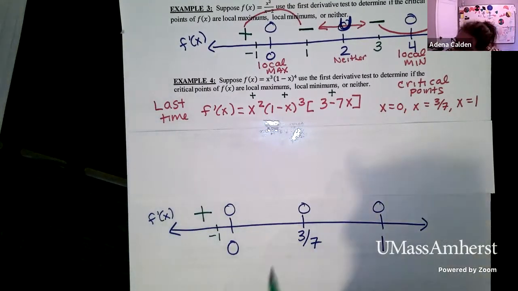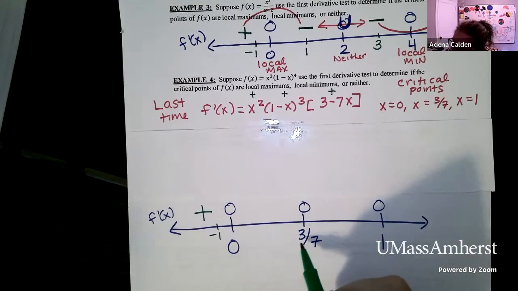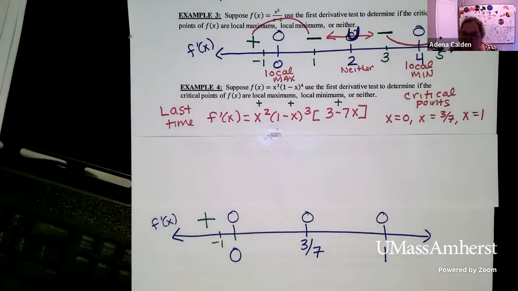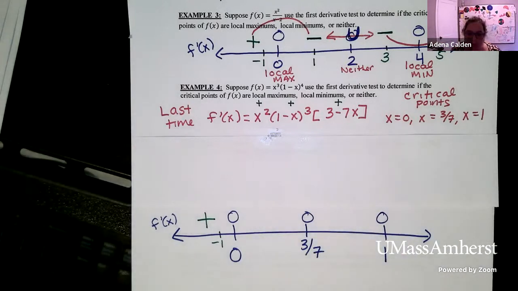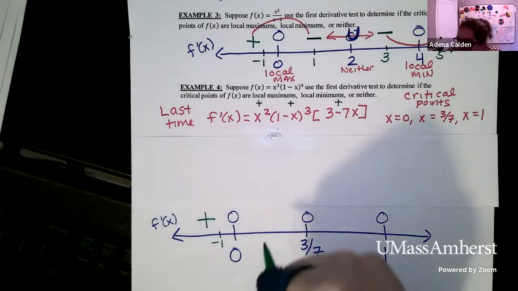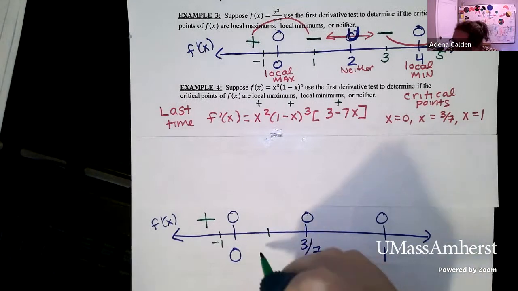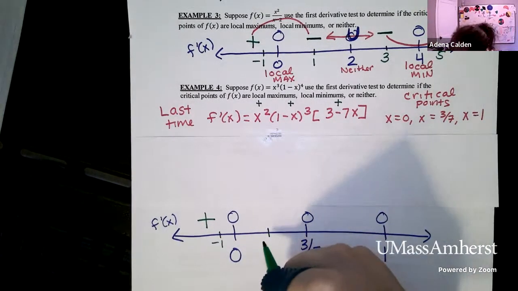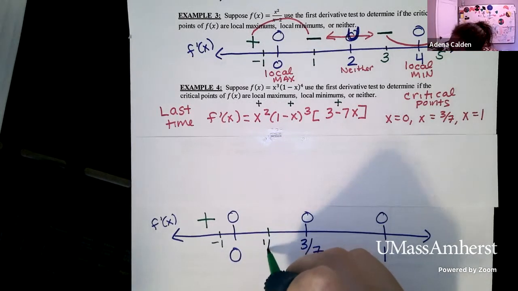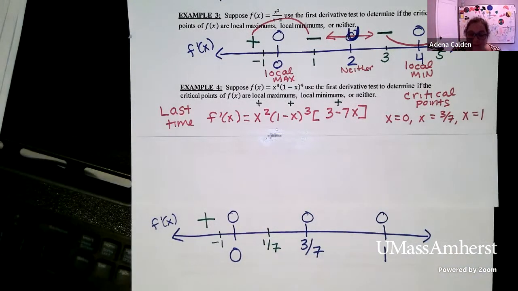Okay. Now I'm going to pick something between 0 and 3/7. There's a couple different ways you can pick a number this way. If you prefer to work with decimals, that's fine. You can turn this into a decimal and pick a decimal. I like to work with fractions, so I'm going to keep mine as a fraction. But again, as long as you pick any number between 0 and 3/7, we should get the same result. So I'm going to pick 1/7. 1/7 is less than 3/7.